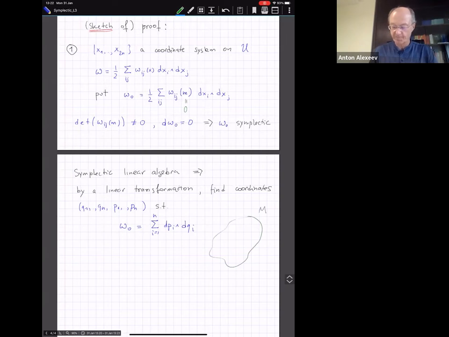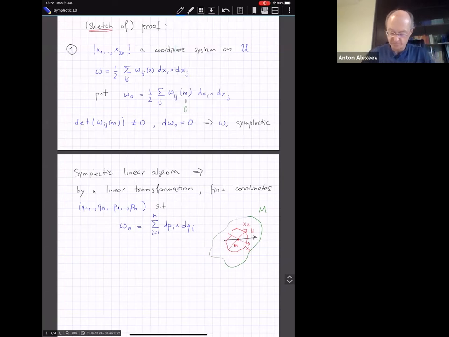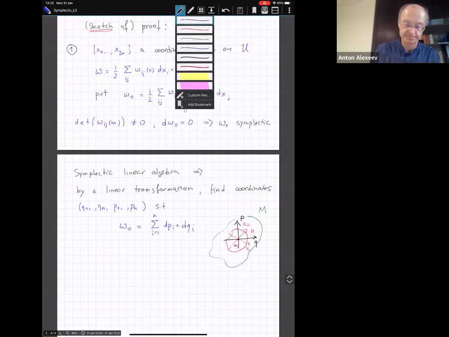Here is our manifold M. Here is the point M, and around it there is this U, and we had some coordinate system x1, x2, and now we introduced a new coordinate system by linear transformation, q, p, and with this new coordinate system, omega naught has this canonical form.